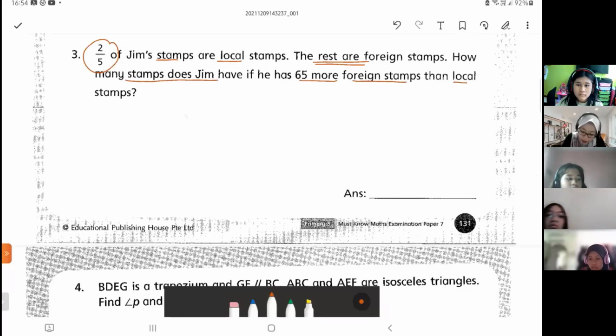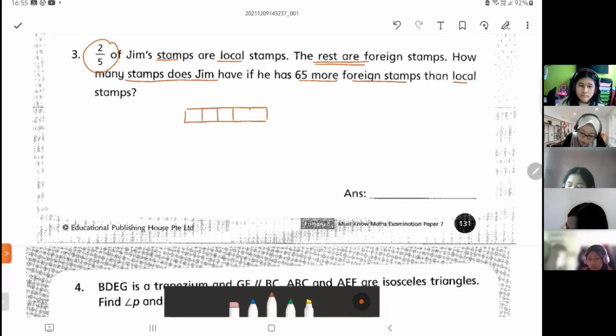We're going to draw that, and I'm going to cut it up based on the denominator, which means out of 5. 1, 2, 3, 4, 5. 2 out of 5, 1, 2 are local. The rest are foreign, which is this one, right?